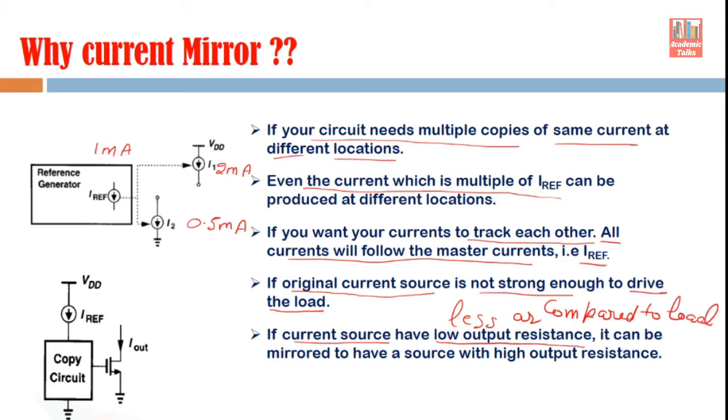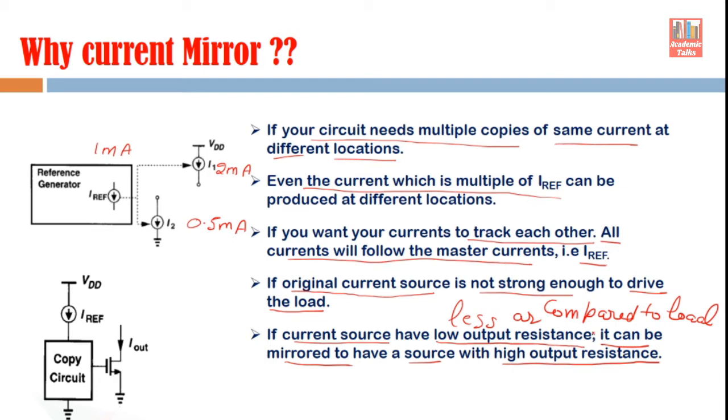So, if the output resistance of the current source is less as compared to load resistance, or maybe it is higher, but it is not sufficiently higher, in that kind of situation we can use a current mirror. Then that current can be mirrored to have a source with high output resistance, right.